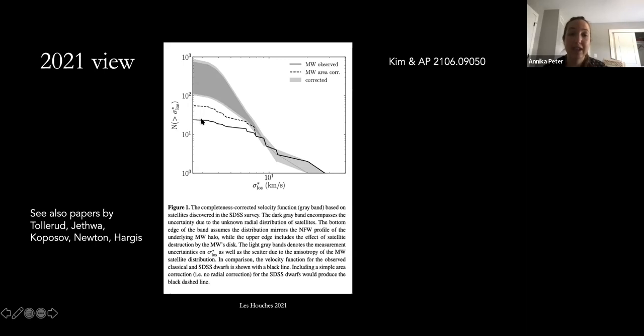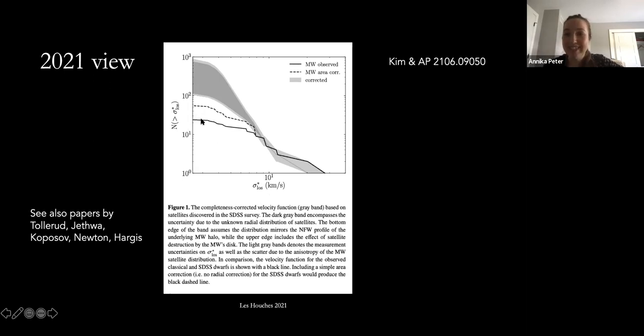So this is an updated velocity function, a plot from a paper that my former student Stacy Kim and I just put out on arXiv in June. This line represents an update to this velocity function here with the stellar velocity dispersion on this axis.